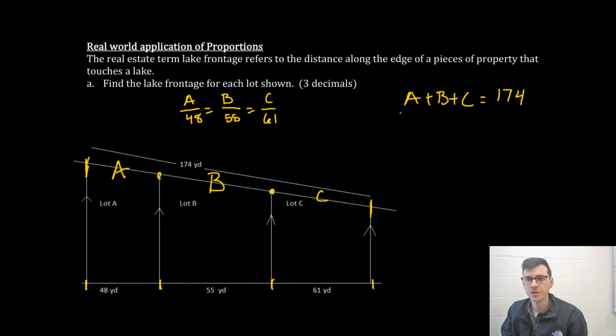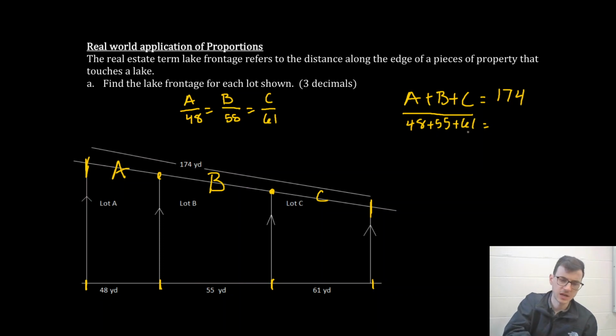So A plus B plus C over 48 plus 55 plus 61. And what's that? 48 plus 55 plus 61. I probably need to get a calculator out anyways, because I think this is going to get hairy. Well, I know it's going to get hairy. 48 plus 55 plus 61 is 164. Okay, so there you go. There's our proportion, 174 over 164.